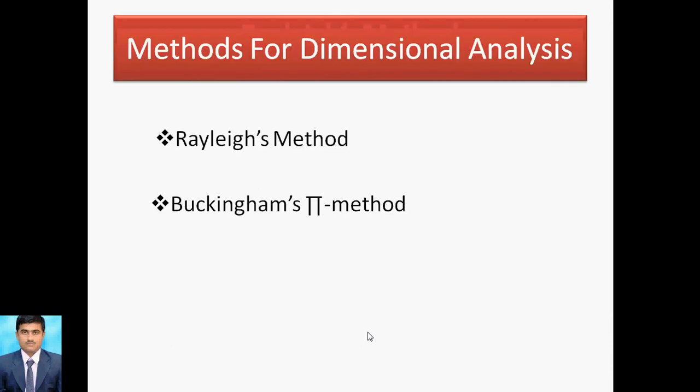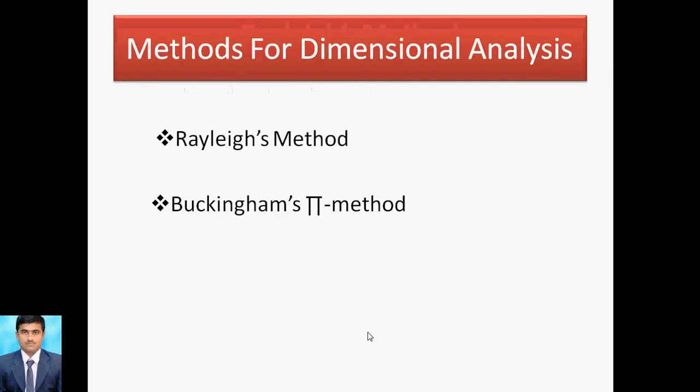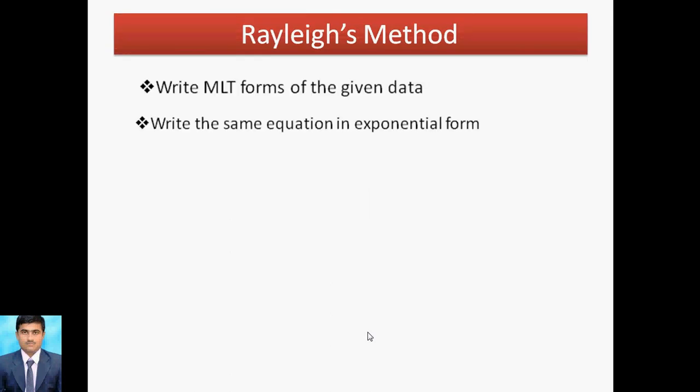First of all, we discuss Rayleigh's method. This we write in the format of MLT. First we have to go for MLT, then we write it in exponential form. MLT means mass, length, and time.